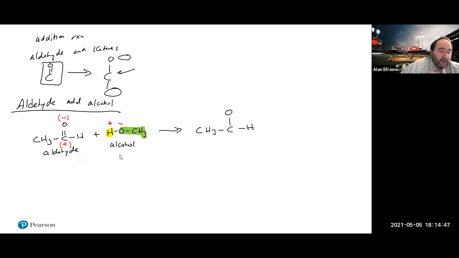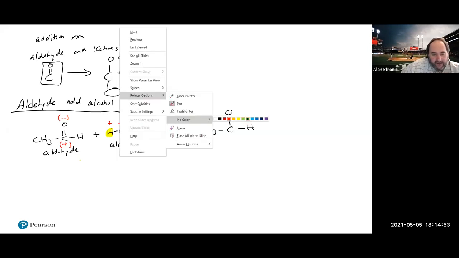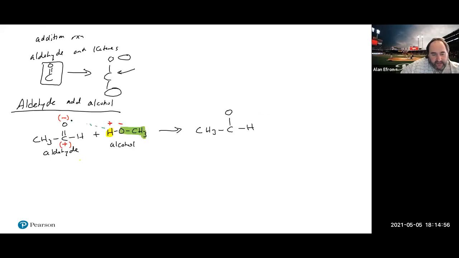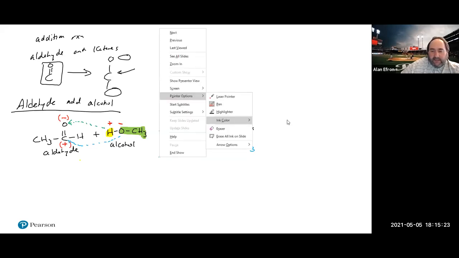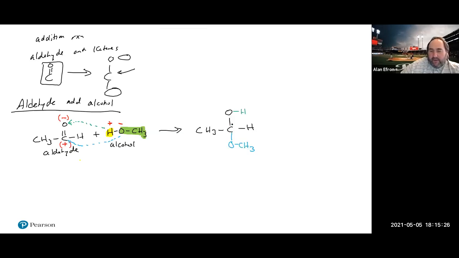What's going to happen is the positive hydrogen will be attracted to the oxygen, and it's going to go over there. The negative oxygen carbon part is going to be attracted to the positive carbon on the bottom, and it's going to want to go over here. And what we end up getting is that oxygen carbon group attaching to the carbon, and we get the hydrogen attaching to the oxygen, making an OH group.